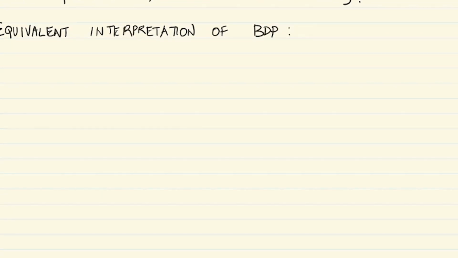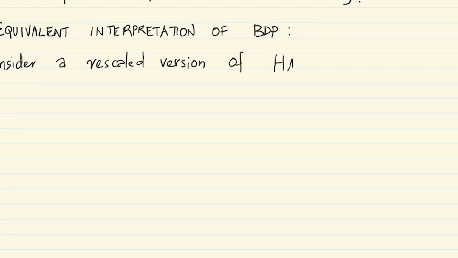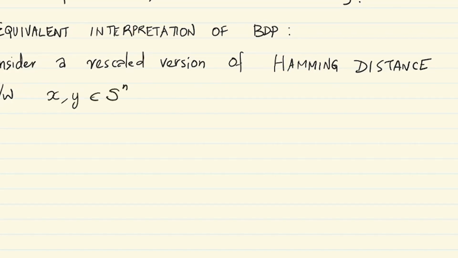So let's consider a rescaled version of what is called the Hamming distance between two points, two vectors x and y in S^n.